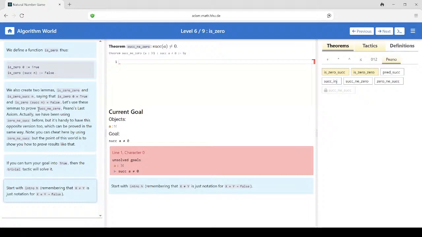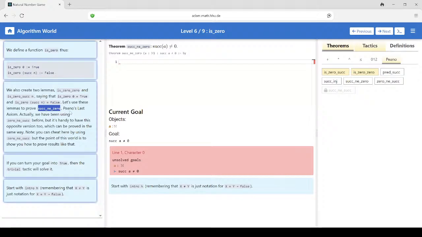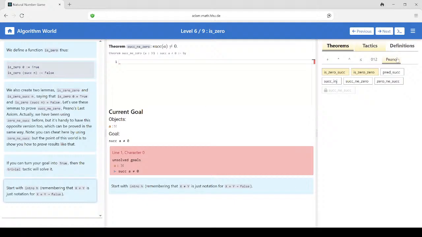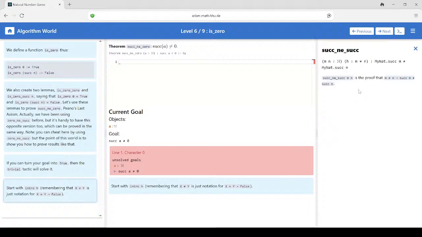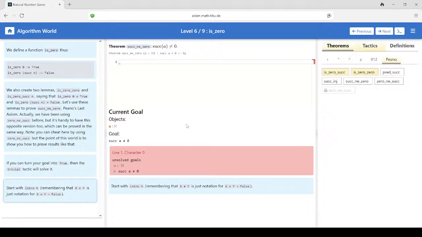Let's use these lemmas to prove that successor NE0, Peano's last axiom, is the proof that M does not equal N implies that successor of M does not equal the successor of N. I don't know what the NE stands for, but anyway.